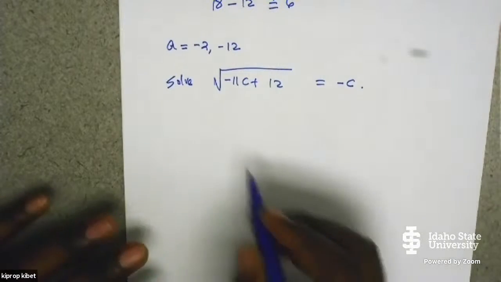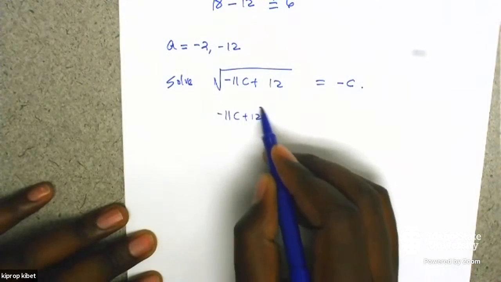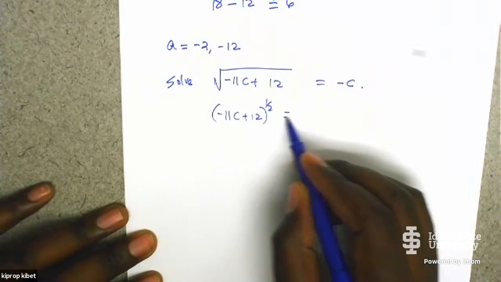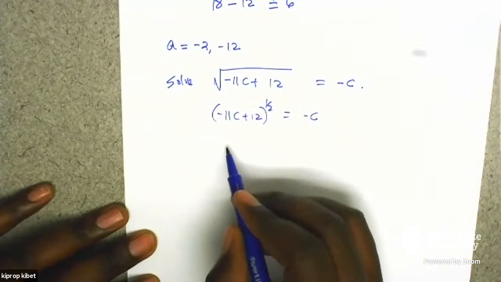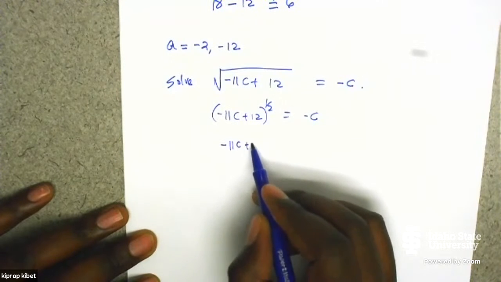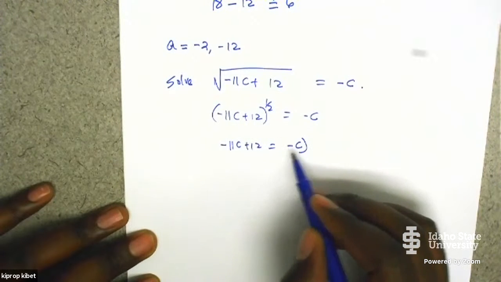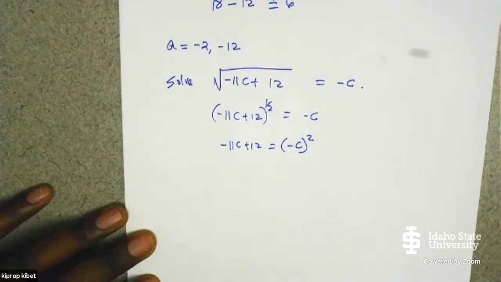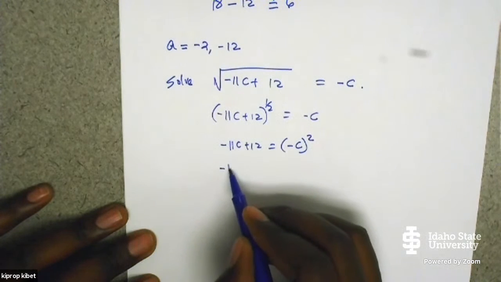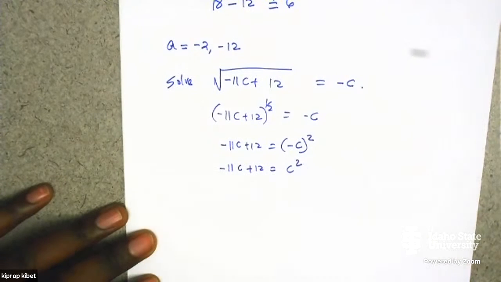So here, this is the same as minus 11c plus 12 raised to 1 over 2 equals minus c. To remove this square root, we square both sides. So minus 11c plus 12 equals c squared.